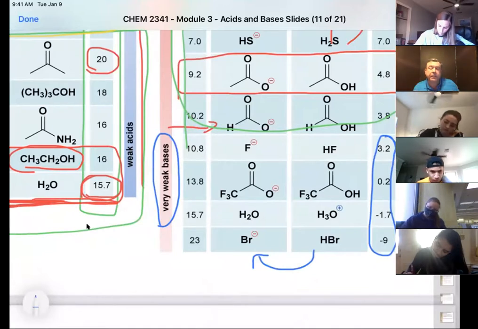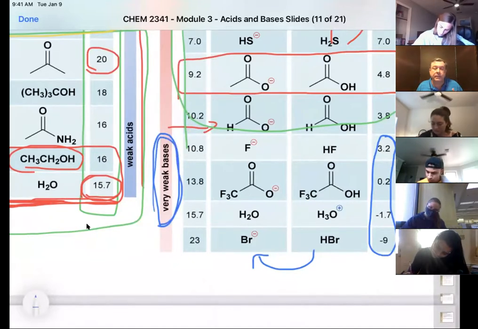It was a strong acid because it really wanted to donate that proton. So if it really wanted to donate that proton, it doesn't really want to accept a proton because it was trying to get rid of it. So our very strong acids become very weak bases.